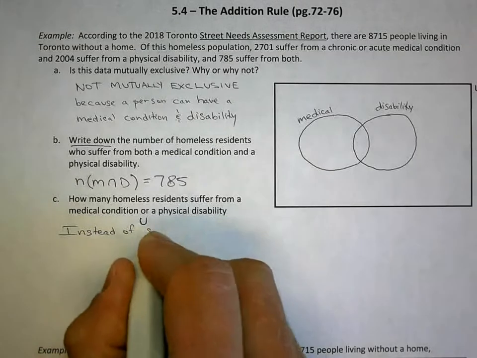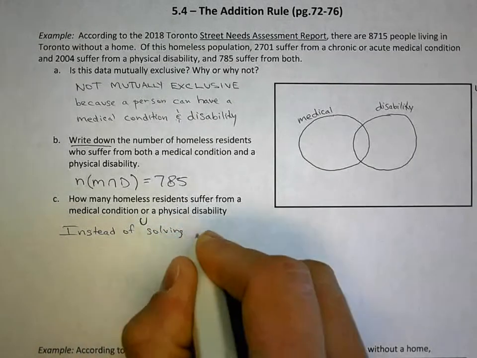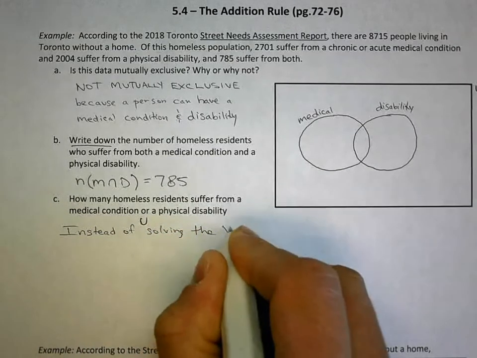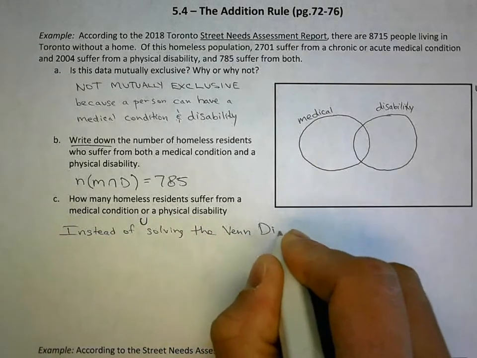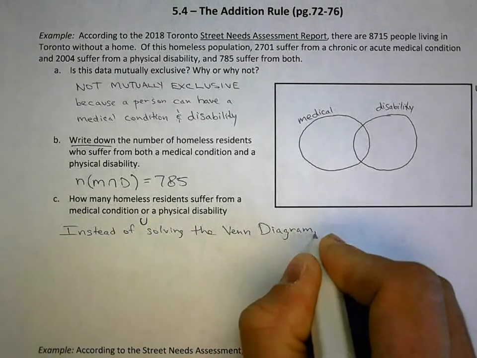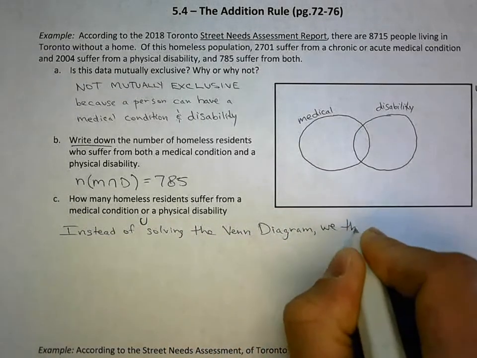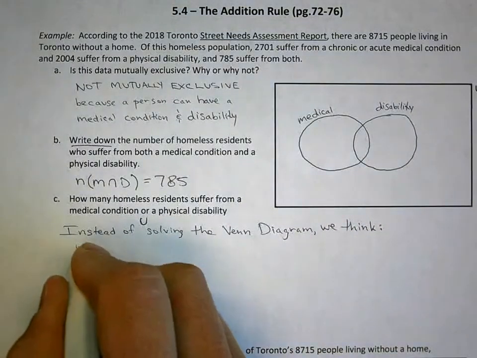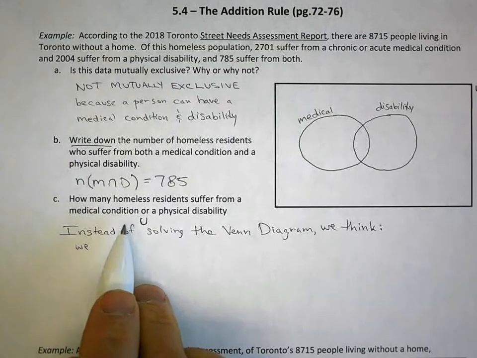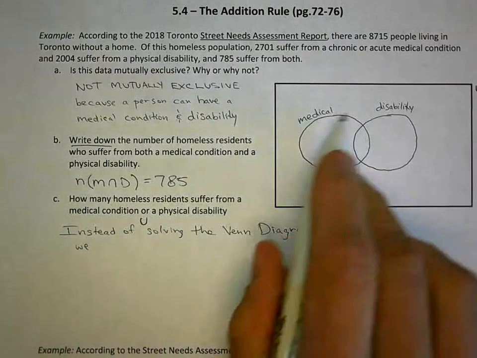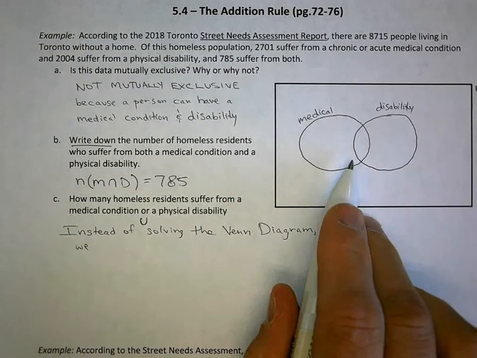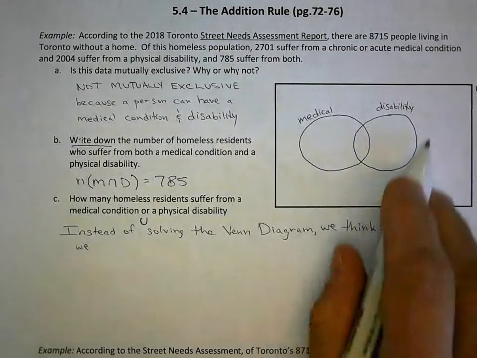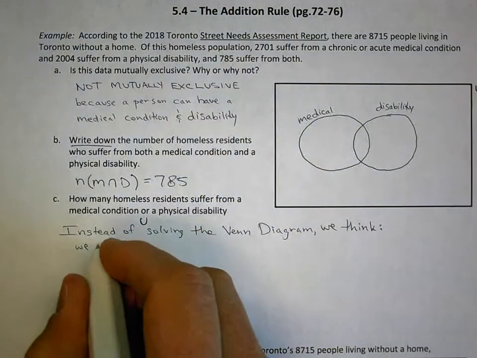So instead of solving the Venn diagram, I want you to think. What are we really asking for? Well, we're asking you to count all the people suffering from a medical condition and all the people suffering from a disability.